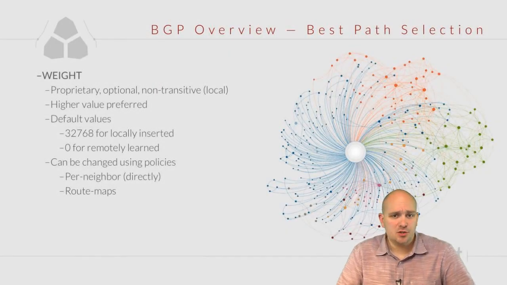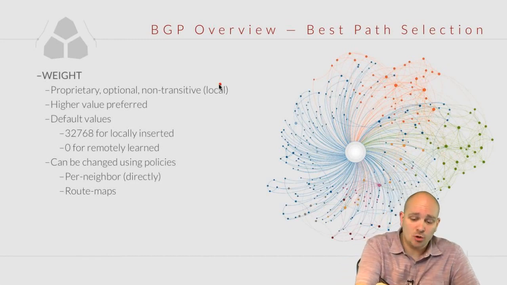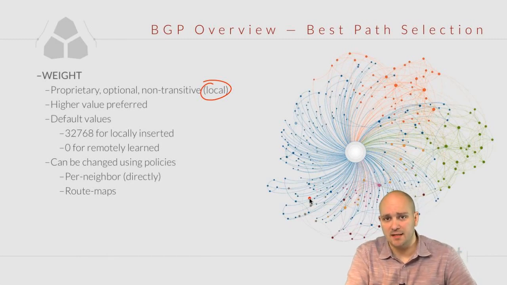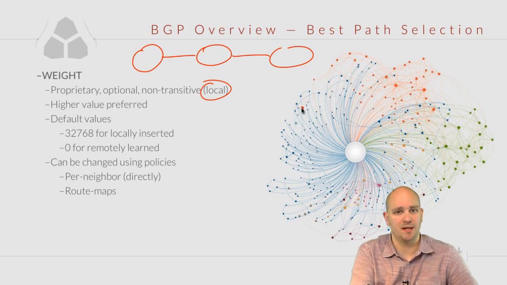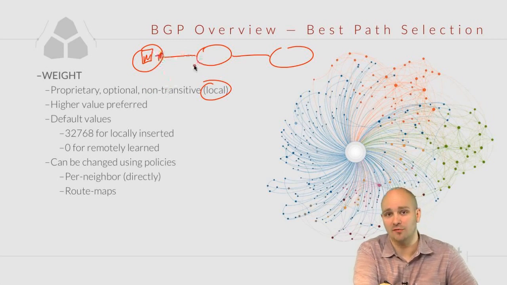Weight is a Cisco proprietary, optional and non-transitive attribute. It is also a local attribute, which you will recall means that this attribute is local only to a particular router. What that means is when we have multiple routers that are using BGP, and it doesn't matter whether they are internal or external peers, whatever weight we have set for a particular prefix on this router will not actually be advertised to any of its peers.